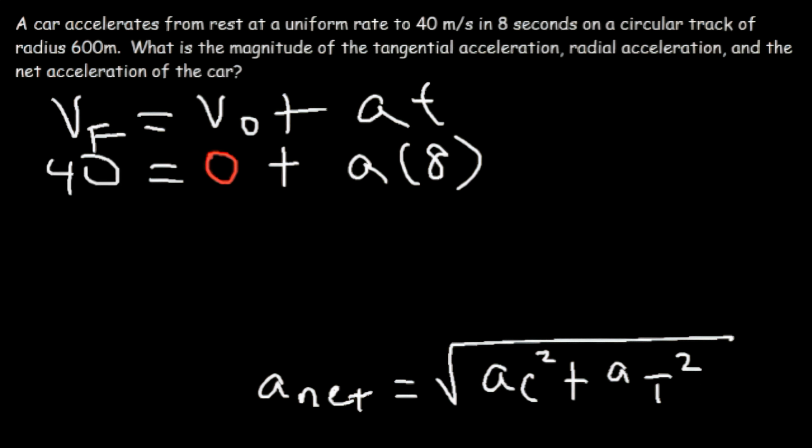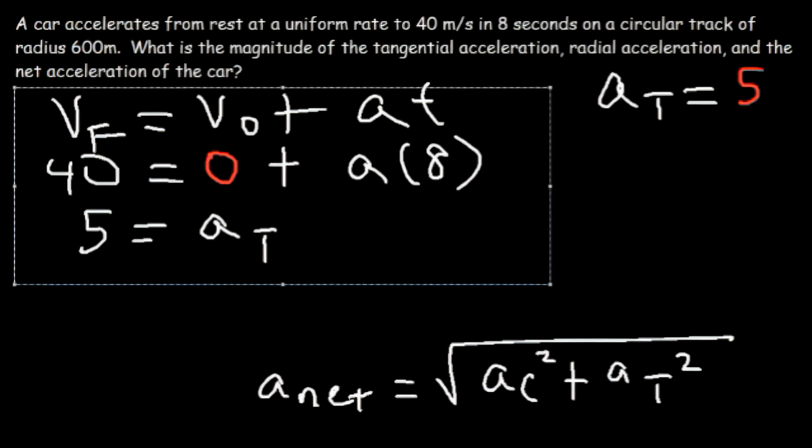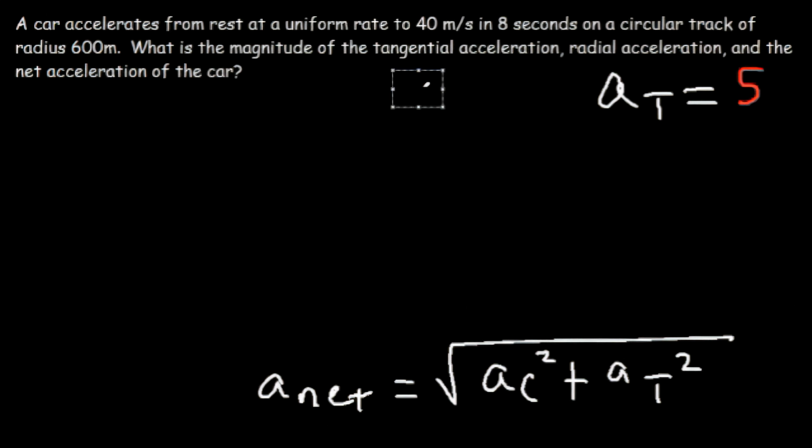So 40 divided by 8 is 5. So this is the tangential acceleration. Now let's calculate the radial acceleration or the centripetal acceleration when the speed is 40. So let's use this equation.